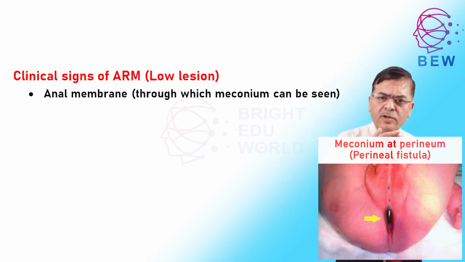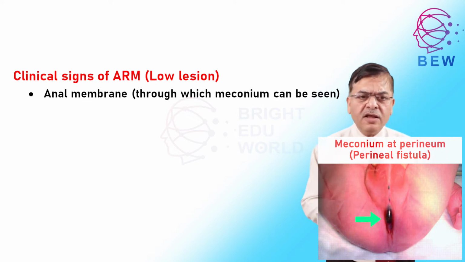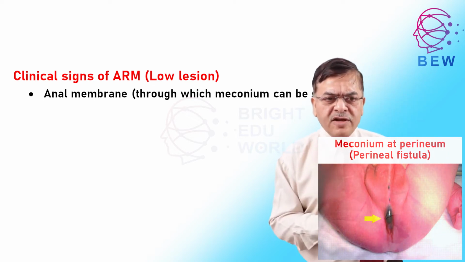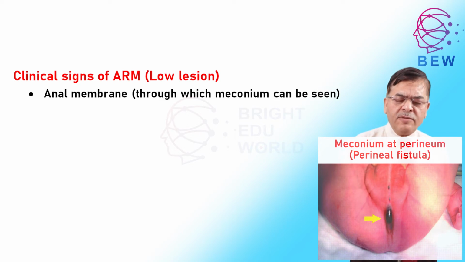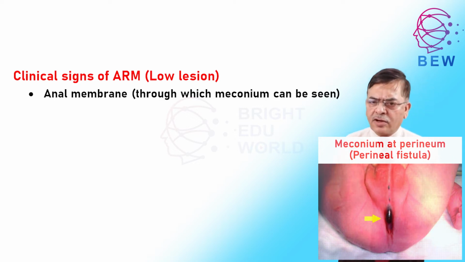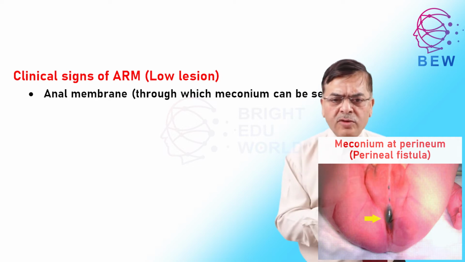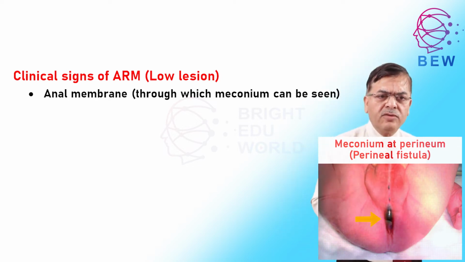That is because the meconium is visible just under the skin in this fistula. Or an anal membrane may be covering the terminal part of the anorectal tract, and that is seen because the mucosa is dark in color and can be seen through it.